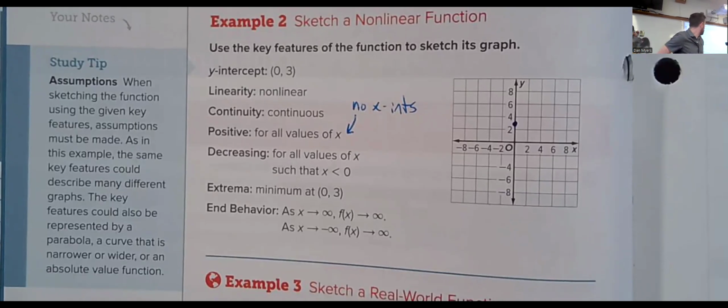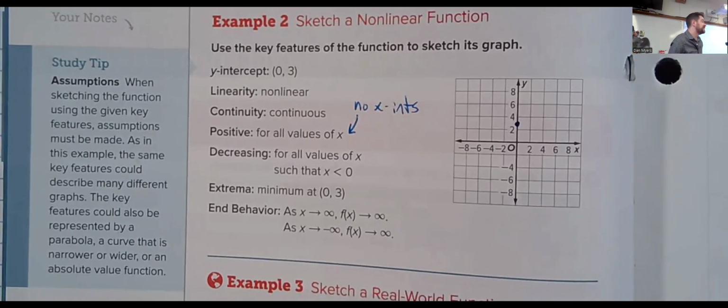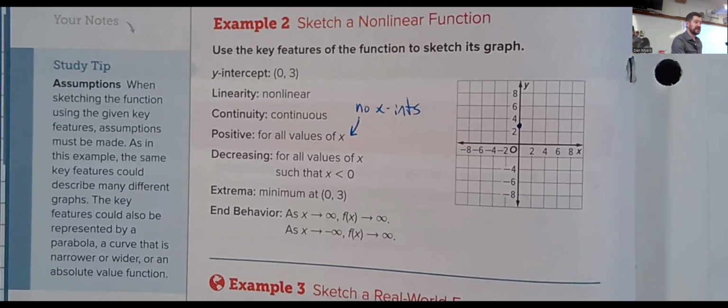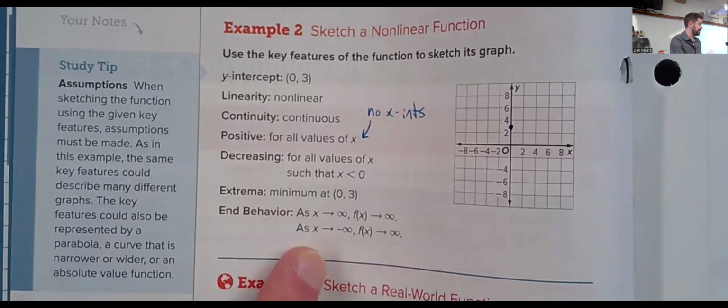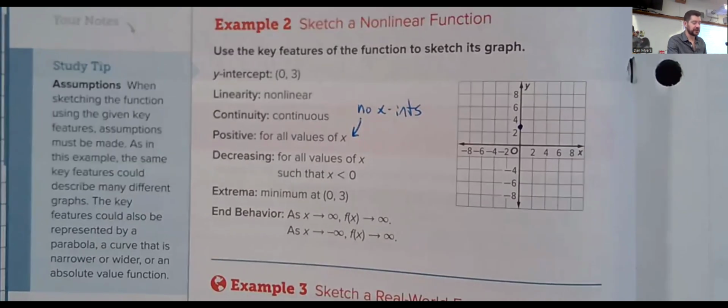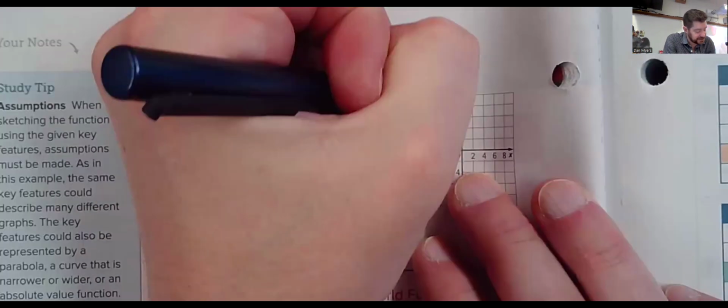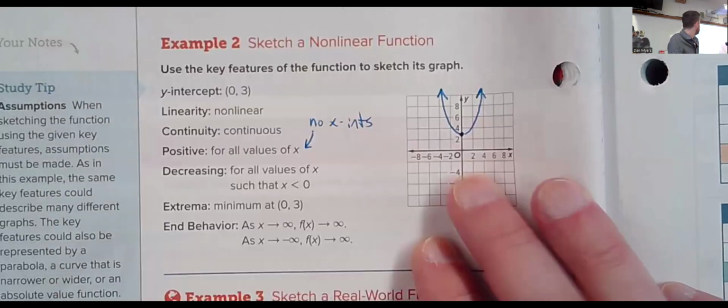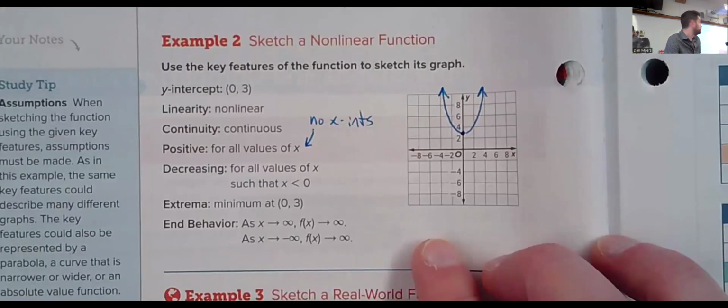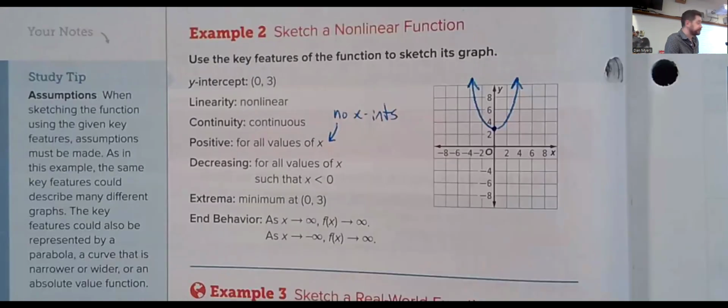So no two graphs have to be the same when you're interpreting this kind of stuff. They just have to use everything that is listed out here and be part of the graph itself. So I'm just going to do something simple. I'm just going to draw a parabola. It could have been a lot different than that, though, based on the words that are there.